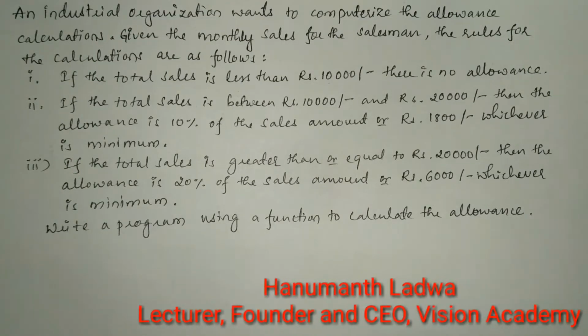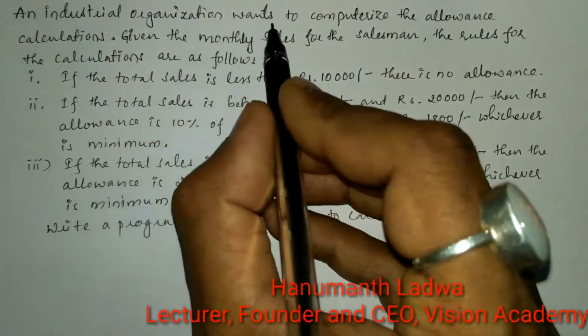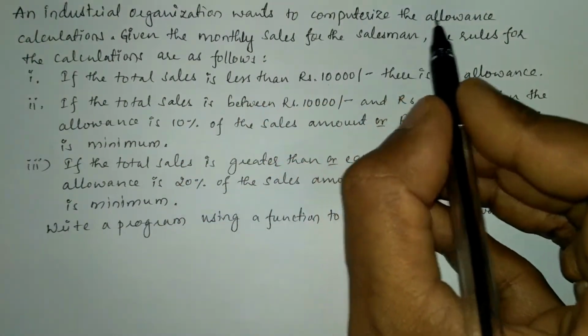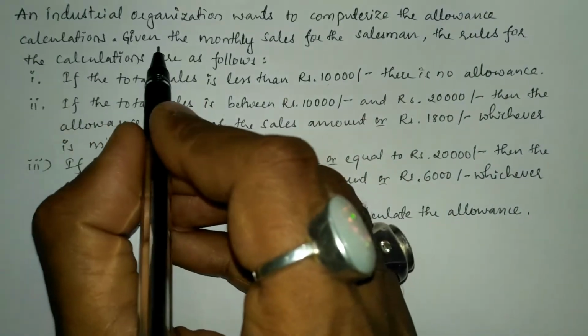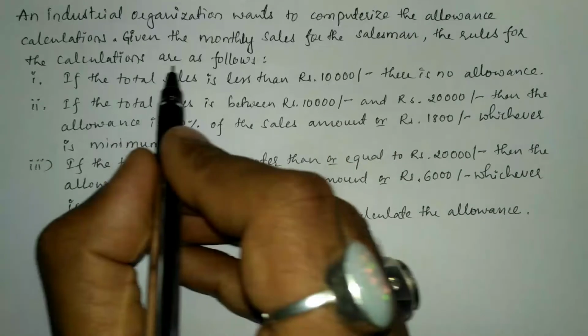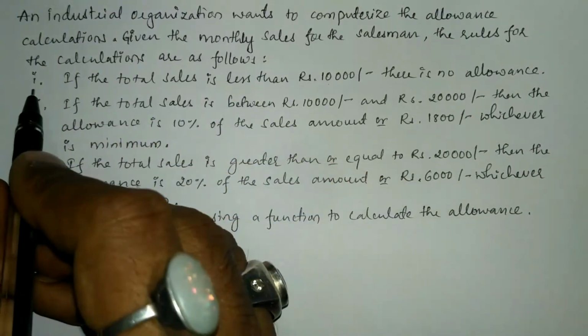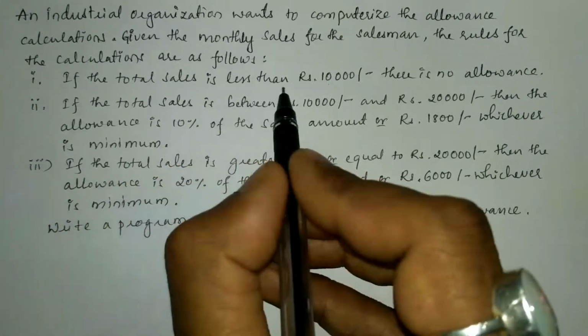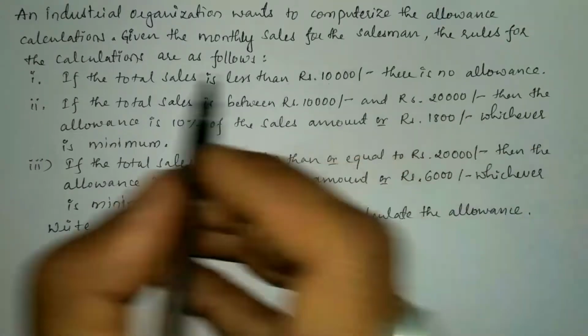My name is Hanumant Ladwa, and in this video we are going to write a program. An industrial organization wants to computerize the allowance calculations given the monthly sales for the salesman. The rules for the calculations are as follows. 1. If the total sales is less than 10,000, there is no allowance. 2.